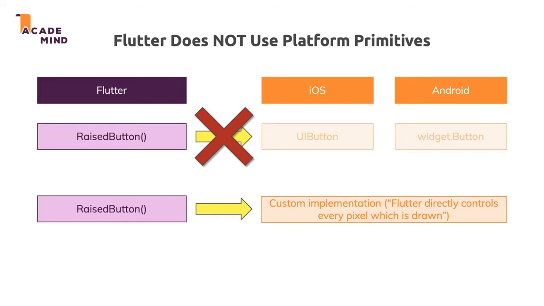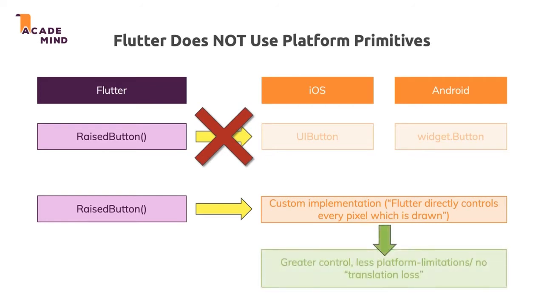And that gives Flutter a lot of control and a lot of flexibility. Now, you don't have to care too much about that because Flutter does it for you, but it's important to be aware of that because that gives Flutter more control and less limitations, and therefore you implicitly, indirectly benefit from that. You have a good performance, you have a lot of power, a lot of things you can configure. You have full control over how you want to build your user interface.